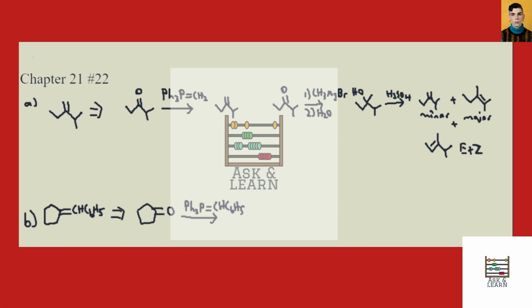It's a terrible five-membered ring I started to draw. So, CH-C6H5. And then, like in part A, we could also do this from the same starting material.